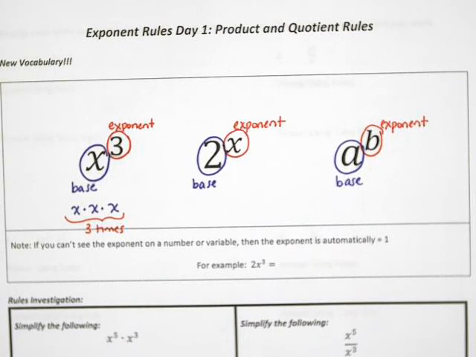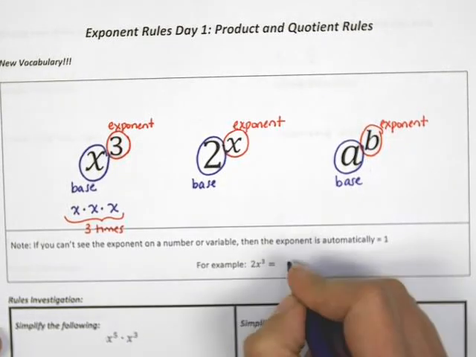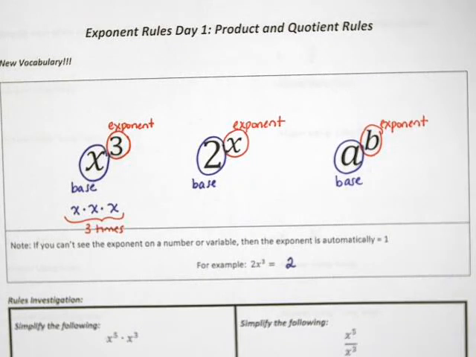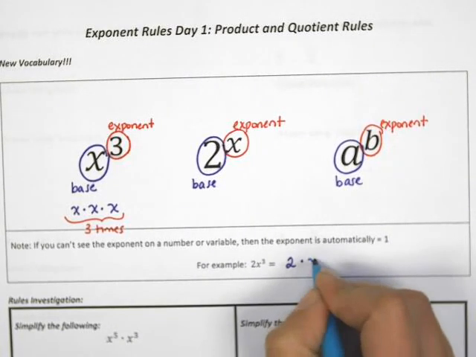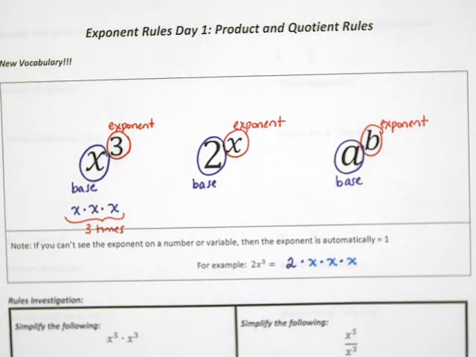One of our procedures that we're going to follow to explore these rules is to write out problems. So for example, if I wanted to write out 2x to the third power in expanded form, what I would do is I would write 2, and then I would write times x times x times x.